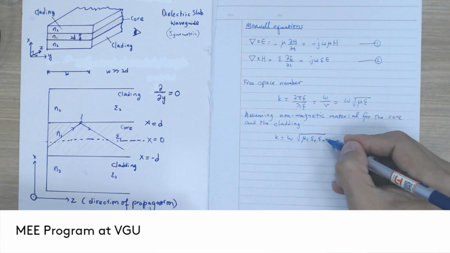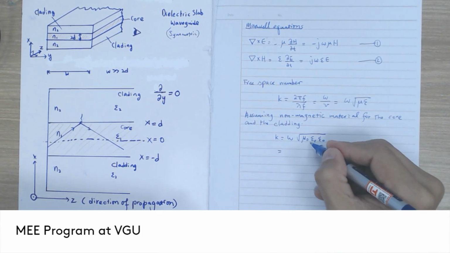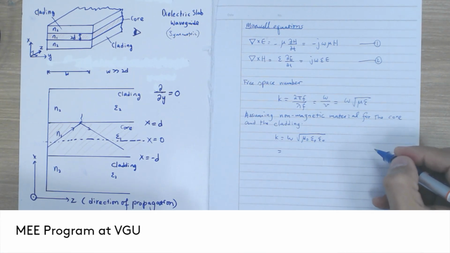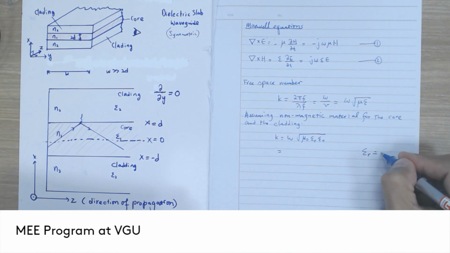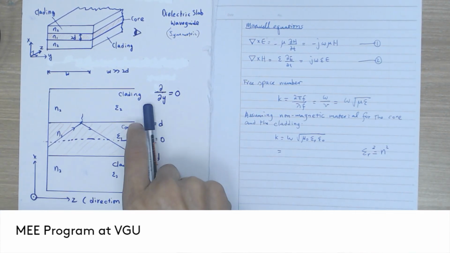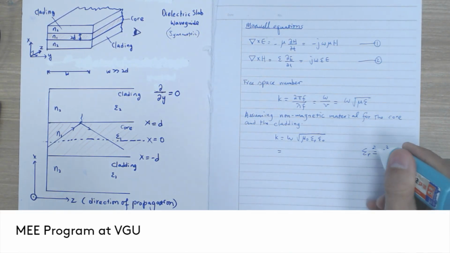We already know that n squared is epsilon relative. n is the refractive index.